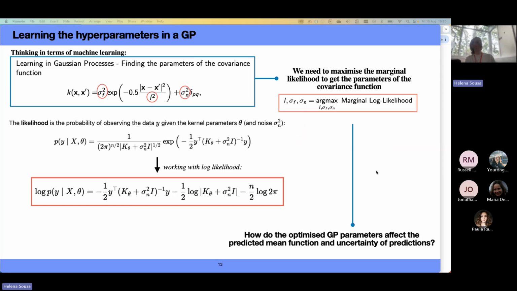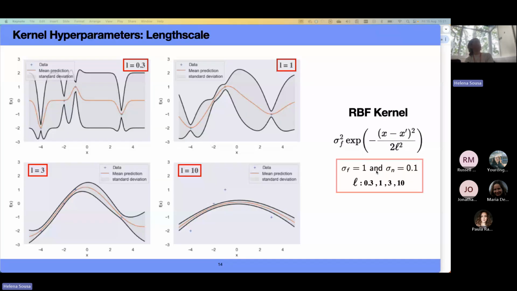Finally, I'm going to show a little about how these parameters that we optimize affect our predicted mean function and the uncertainty of our predictions. Again, I'm going to use the RBF kernel as an example since it's one of the most common ones. Here I'm showing the effect of the length scale parameter, this L parameter.